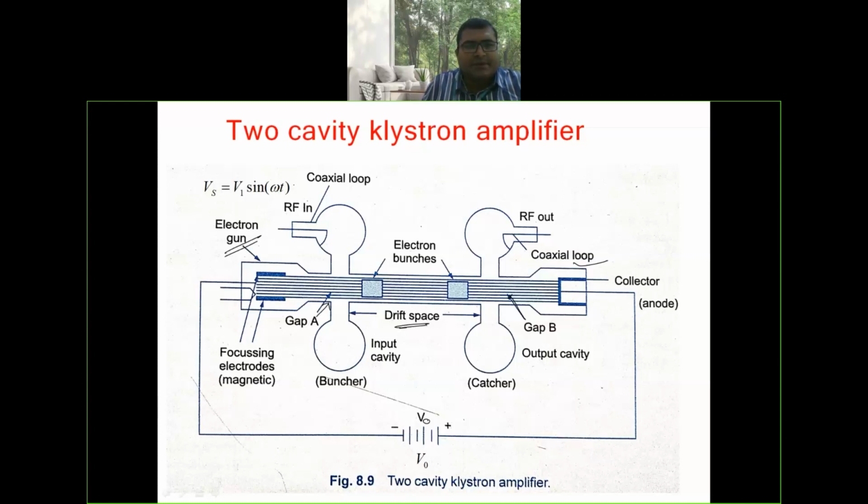After forming bunches, these bunches move in the drift space, excite oscillations in the catcher cavity, and develop the output voltage. The output voltage can be collected across the catcher cavity with the help of a coaxial loop.